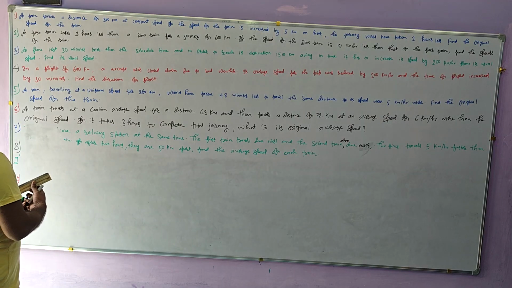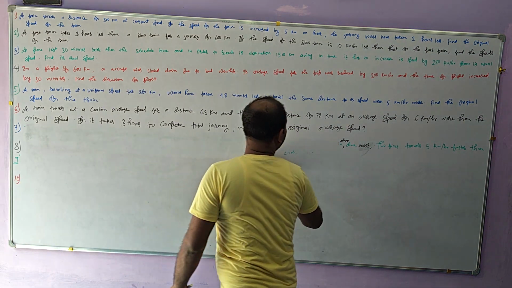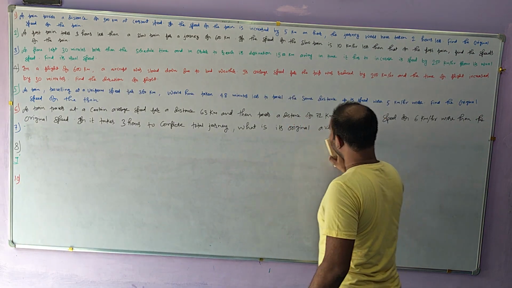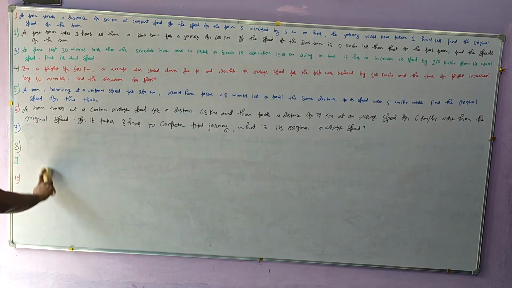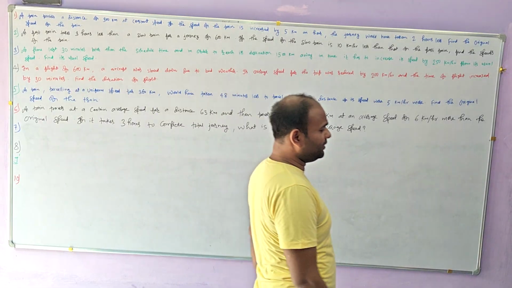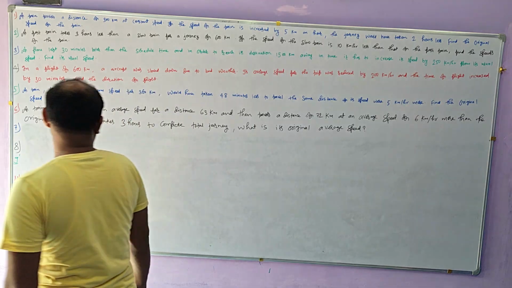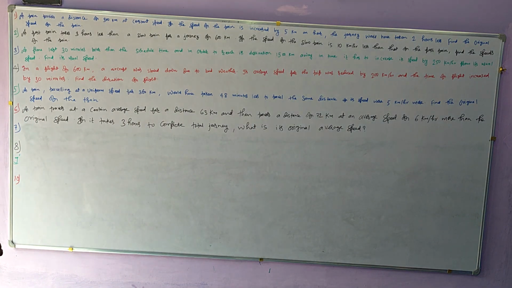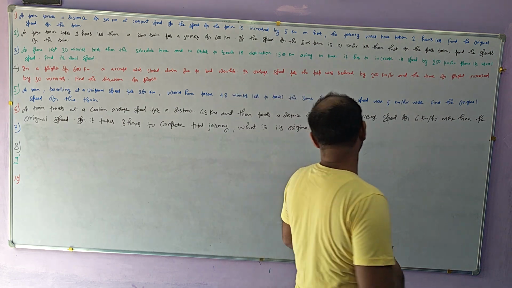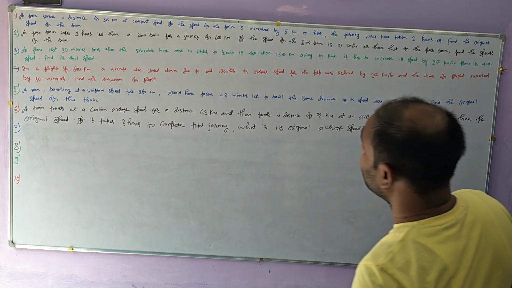Now, in another question, a train travels at a certain average speed for a distance of 63 kilometers and then travels a distance of 72 kilometers at an average speed of 6 kilometers per hour more than the original speed.